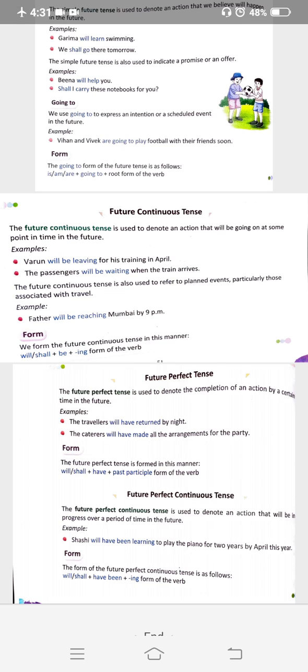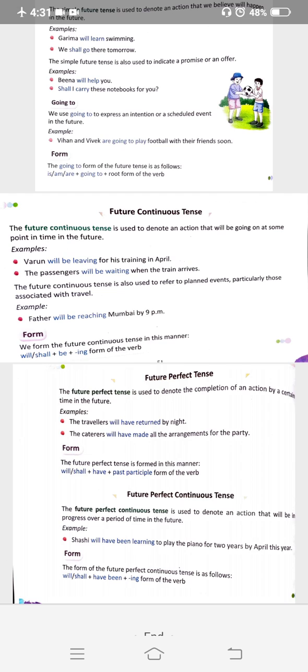Example: Shashi will have been learning to play the piano for 2 years by April this year. We can also say, in November I will have been working at my company for 3 years. At 5 o'clock I'll have been waiting for 30 minutes.